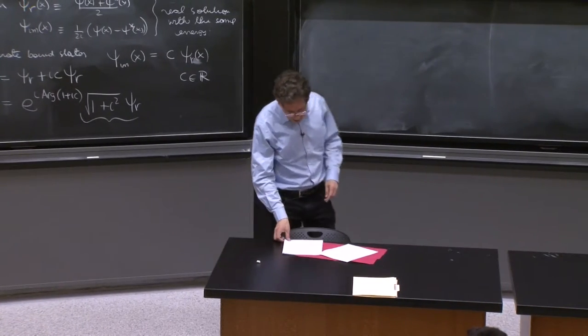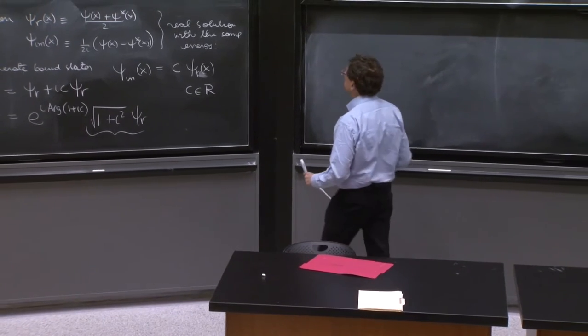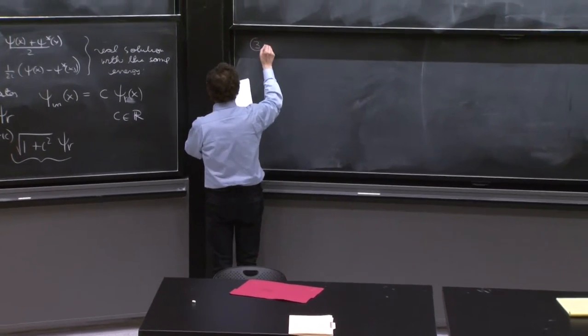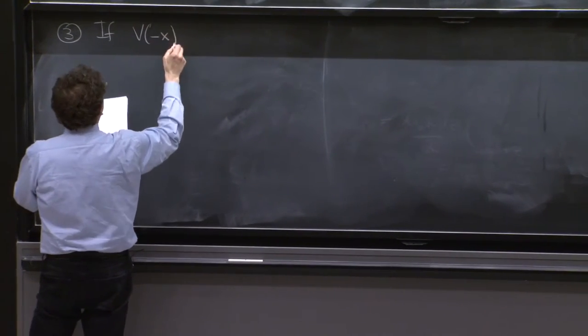Now we prove the other thing that we used in order to solve the square well. So this is property number 3. It's so important that I think I should do it here.